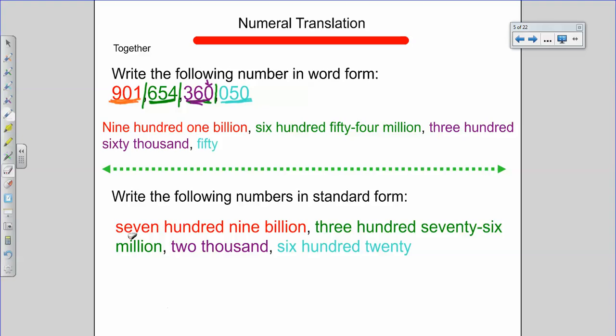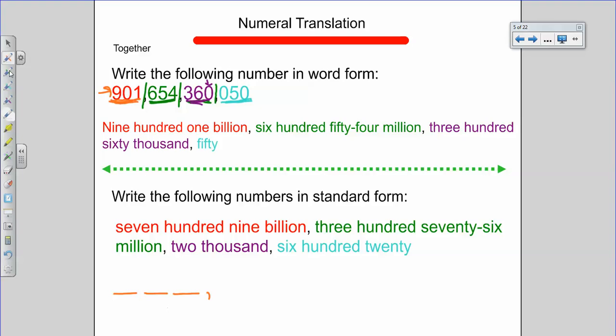Okay, now we're going to do the opposite. I'm giving you the number in word form, and we're going to make it look like a number, like it was up there. So the first thing I'm going to do is know how many numbers I'm going to have in my new number. So again, let's only look at the billions. So I need to have 1, 2, 3.